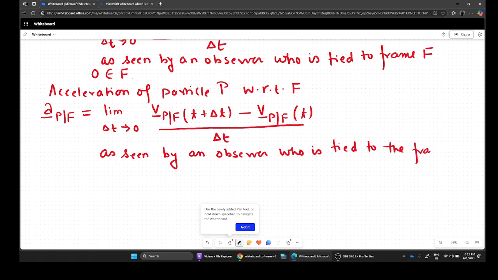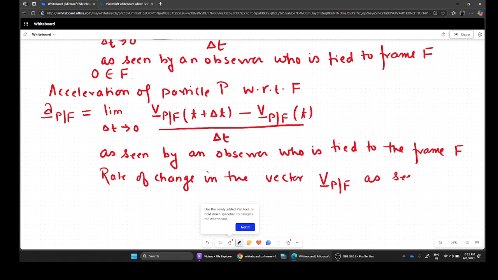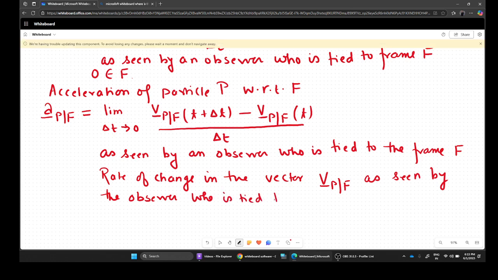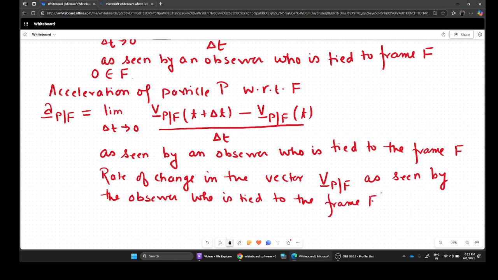Tied to the frame F. This can also be called the rate of change in the vector VPF as seen by our observer who is tied to the frame F, which I showed earlier on the screen.